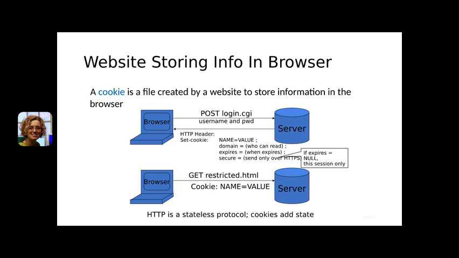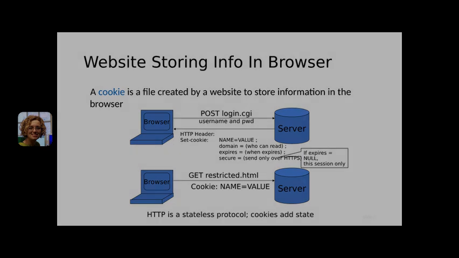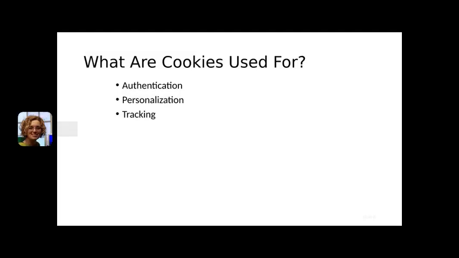And as we discussed in the computer networks review, cookies add state to an otherwise stateless protocol. So what do we use cookies for? We use them to prove that the client previously authenticated correctly to the website, so authentication.